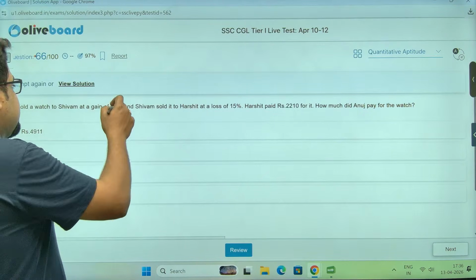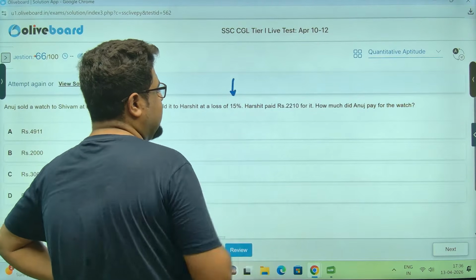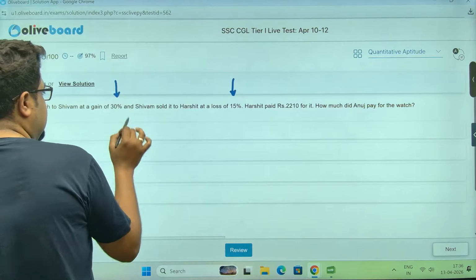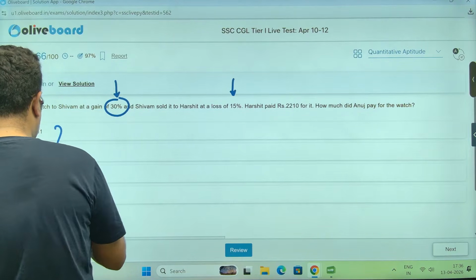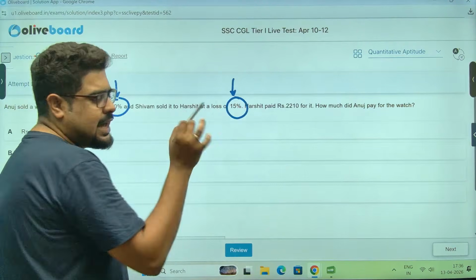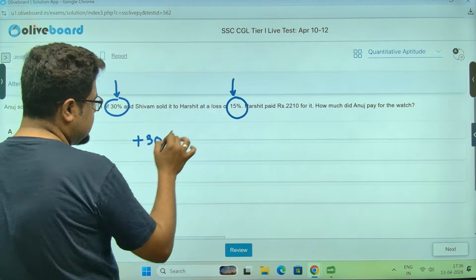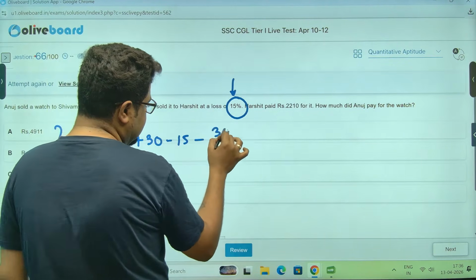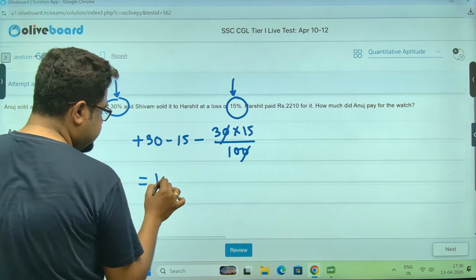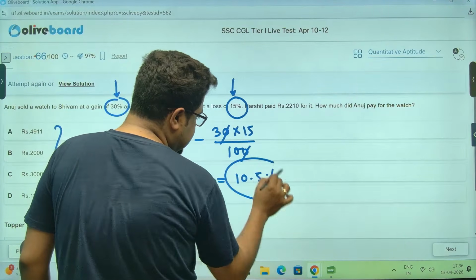Anuj sold a watch to Shivam at a gain of 30%. Shivam sold it to Harshit at a loss of 15%. Harshit paid this much. To have an idea, use the options to your advantage, because only two hand changes are happening. Plus 30, loss meaning minus 15, so around 10.5% change.